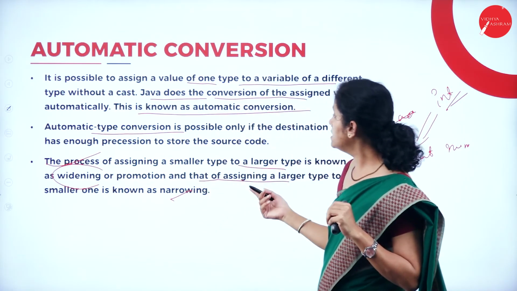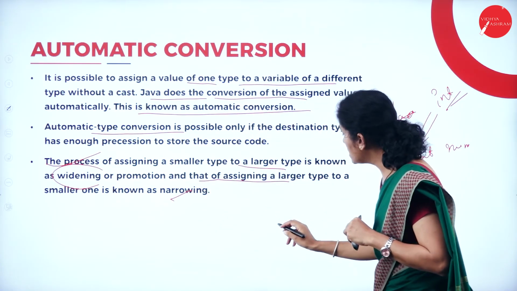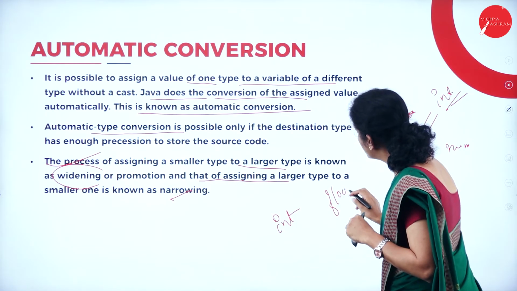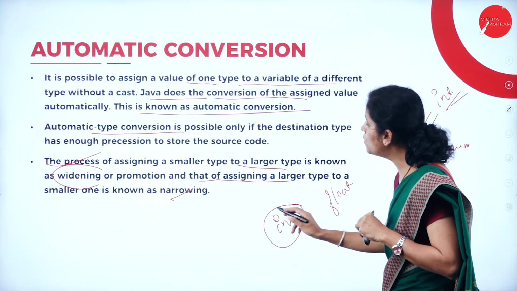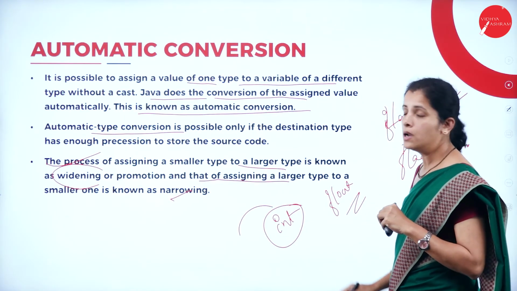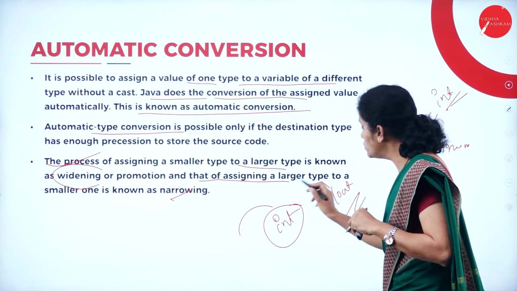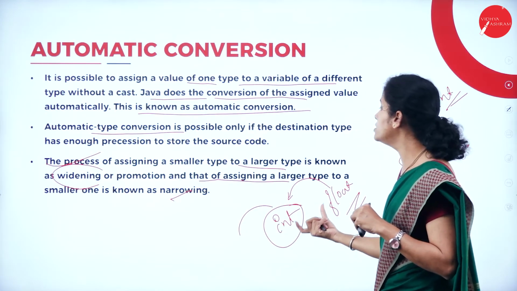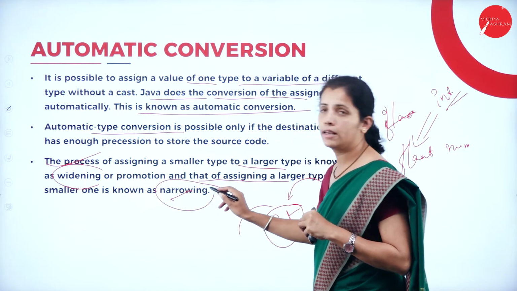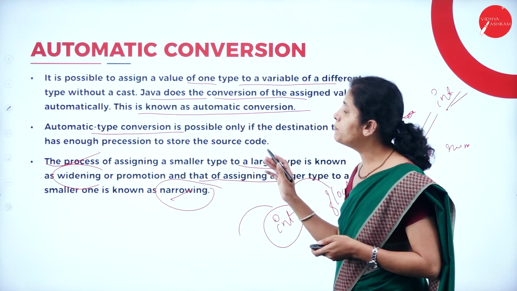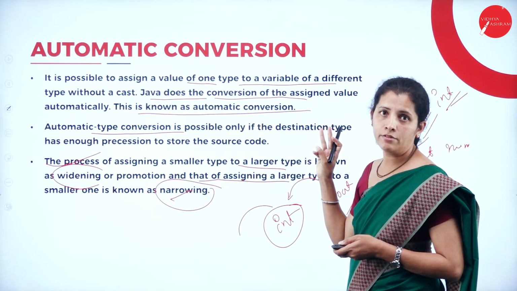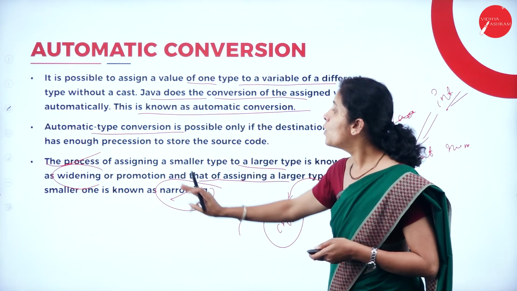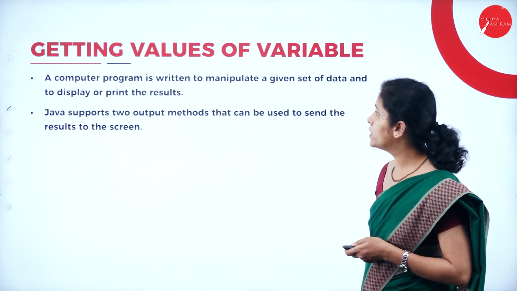And if I consider the other way, I have an int as well as a float. Now see here, int holds 2 bytes, here it is 4 bytes. But I'm going to convert this float to int and store it here, and this kind of conversion is called narrowing. So Java supports automatic type conversion, and the two types are widening as well as narrowing.